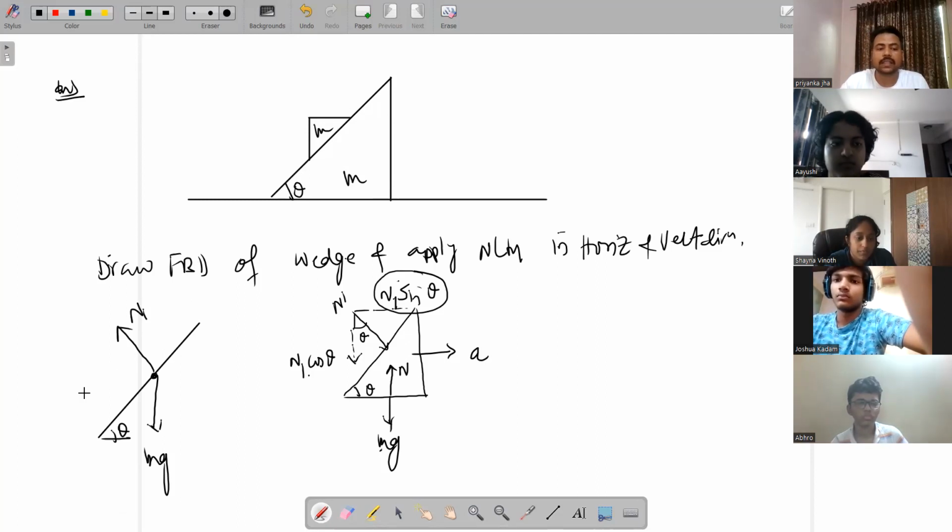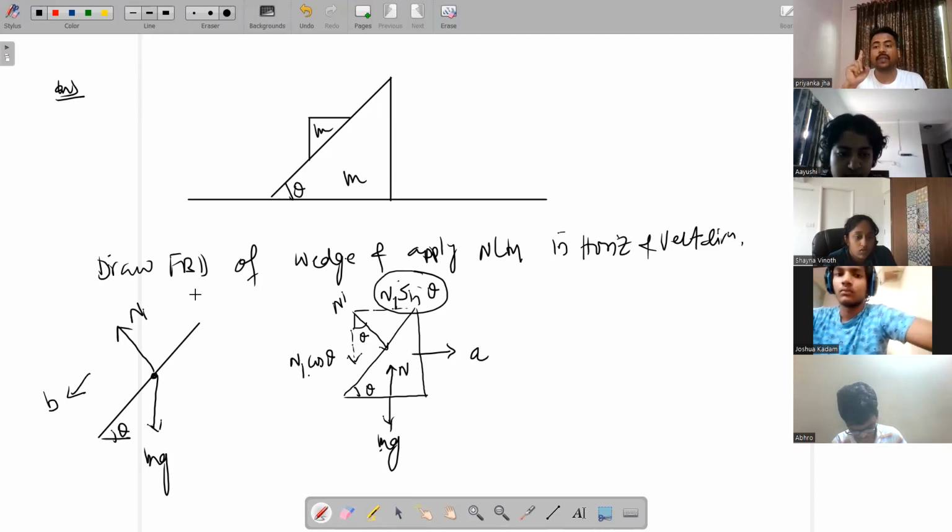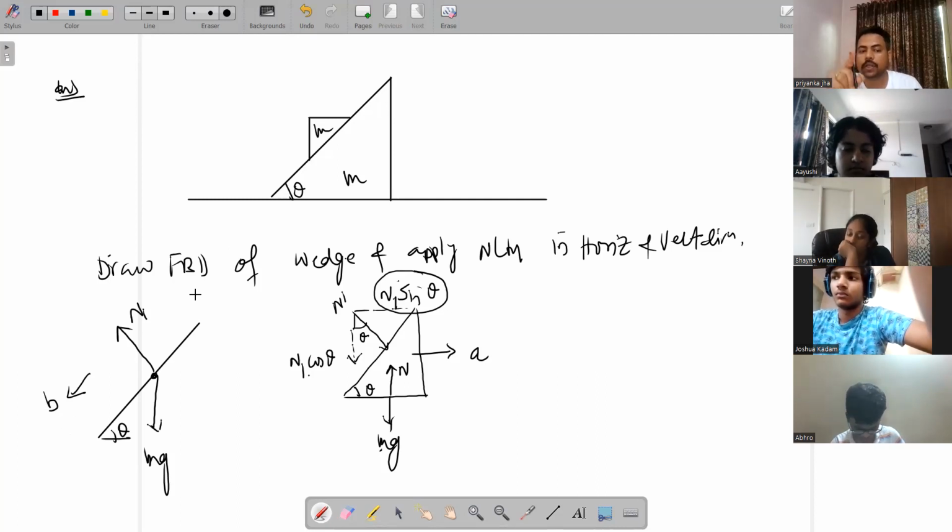So now what we'll assume? Let's say B is the acceleration of this block with respect to the wedge, not with respect to the ground.